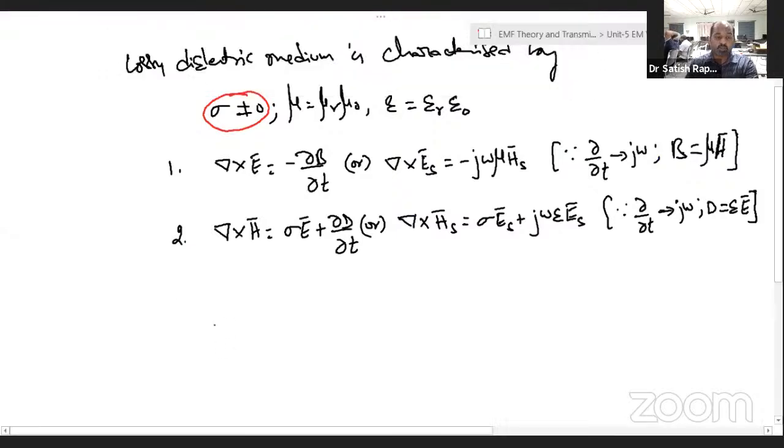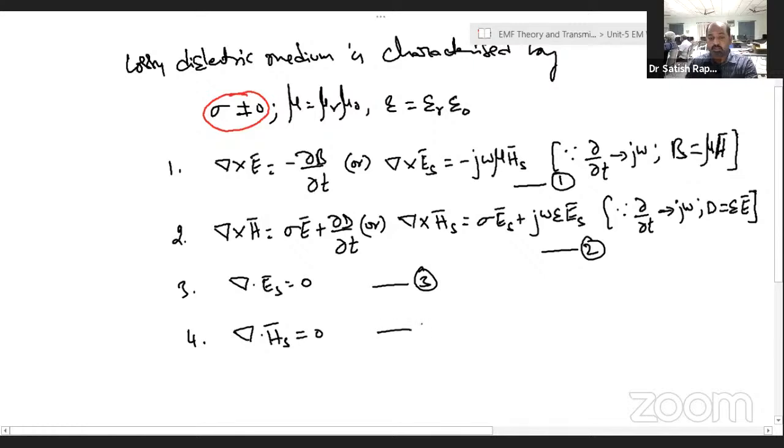The remaining two remain the same: del dot Es bar is equal to 0 and del dot Hs bar is equal to 0. Let us say this is equation 1, this is equation 2, this is equation 3 and this is equation 4.